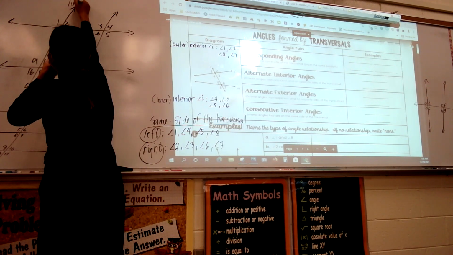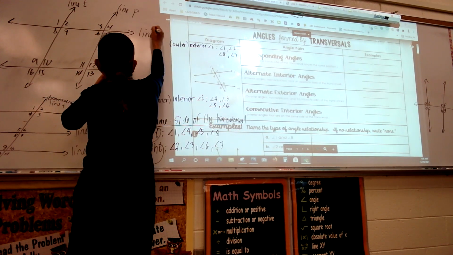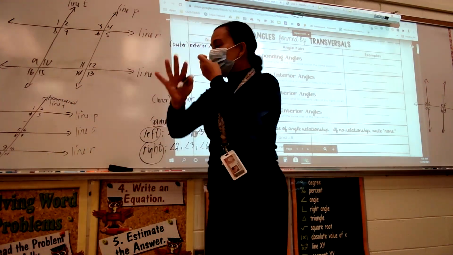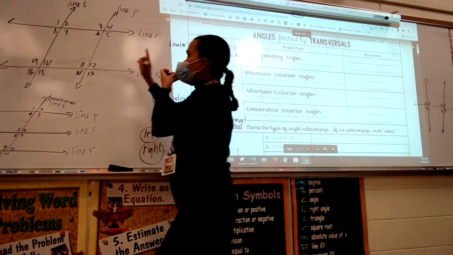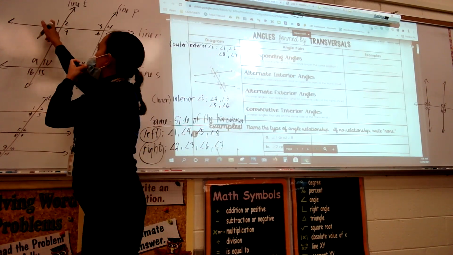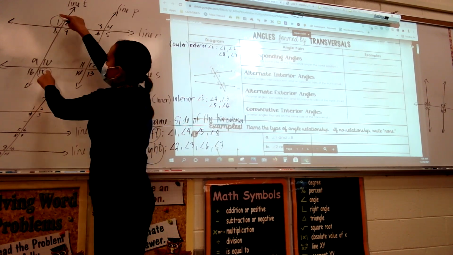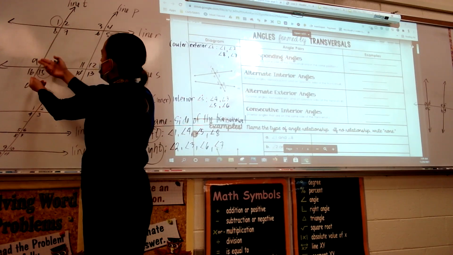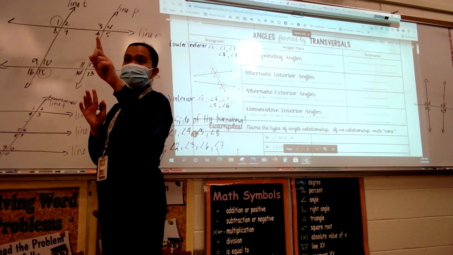Okay. Line T, line P, line R, line S. At this point, we need to know this one. For instance, angle 1 and angle 10, angle 1 and angle 15. If I'm referring to this angle relation, I am referring to transversal line T. I'm not using line P as my transversal.